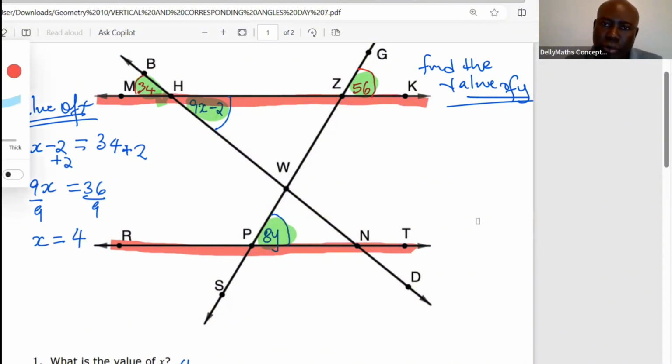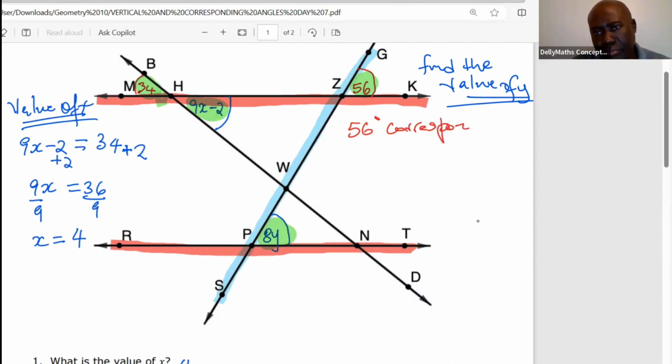And not only that, those two lines were actually cut by a transversal GS. 56 corresponds with 8y. So the angle GZK, the measure of 56, corresponds with the angle at 8y, which is WPN. 8y is the same thing as 56.